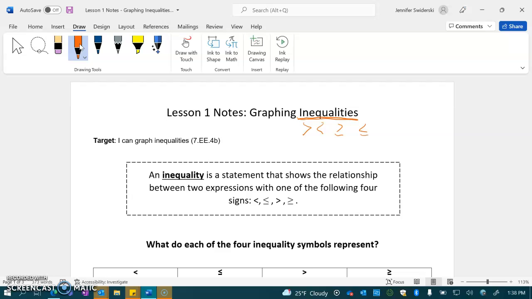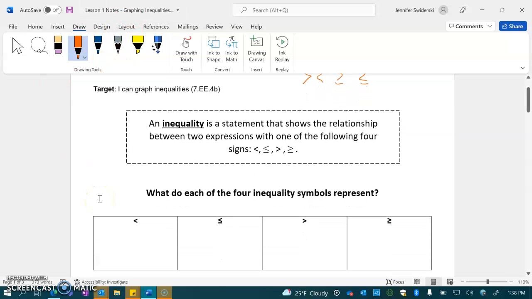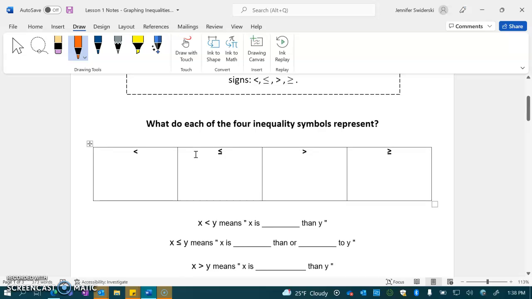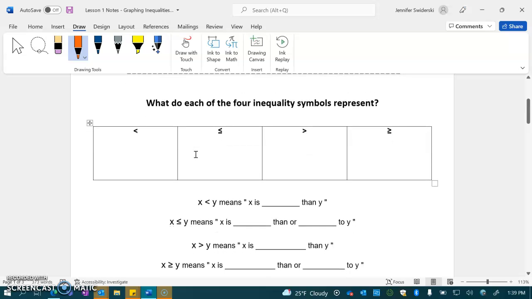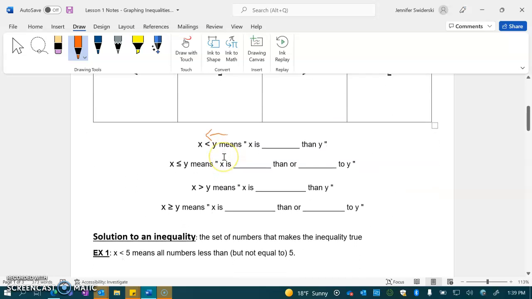So our target today talks about graphing inequalities. It says, I can graph an inequality. An inequality is a statement that shows the relationship between two expressions with one of the following four signs. What do each of the following four inequality symbols represent? Well, if I have x, this arrow going to the left, y, that means x is less than y.